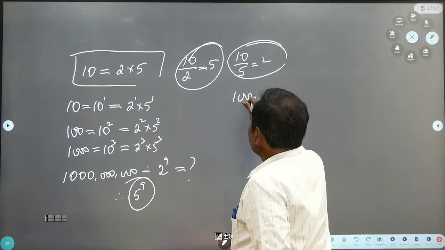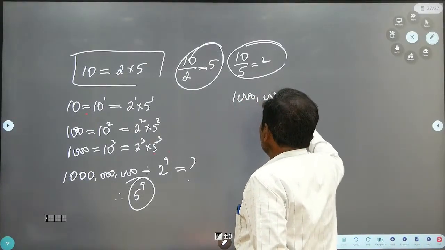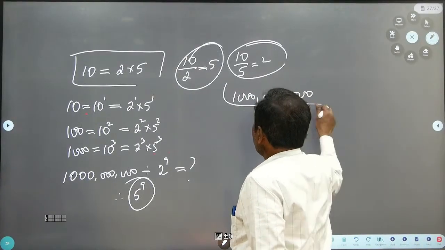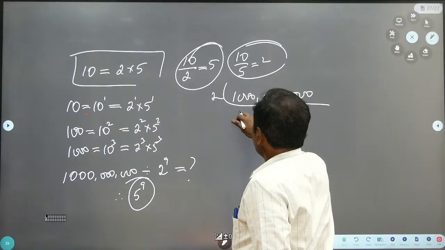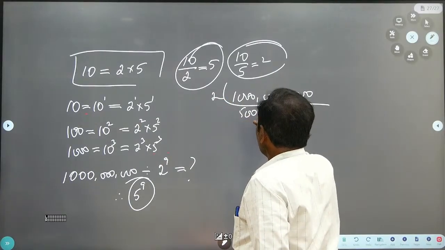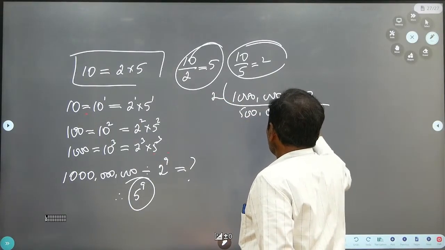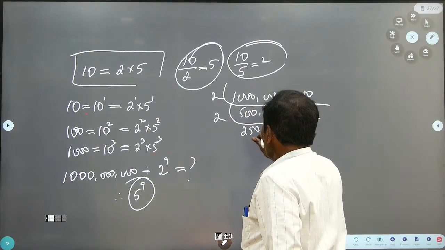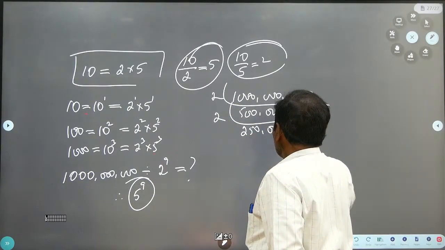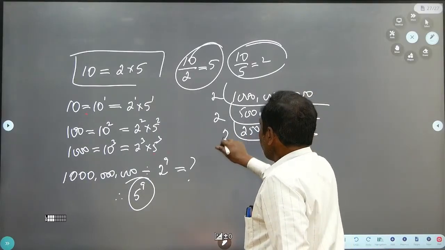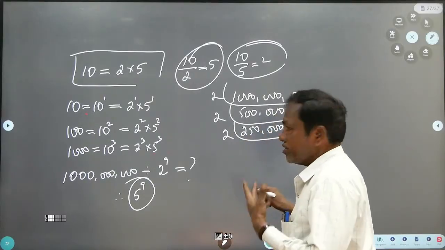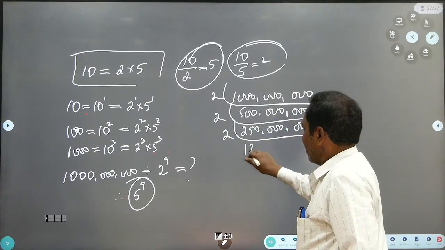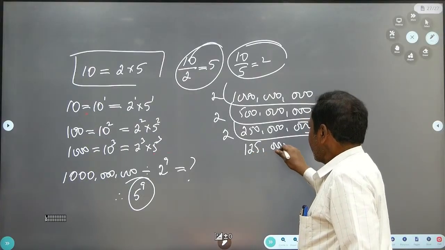One, 3 zeros, 2. So complicated because I have done all these exercises. 125.